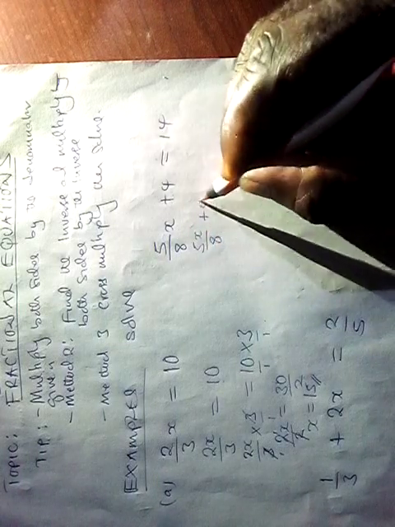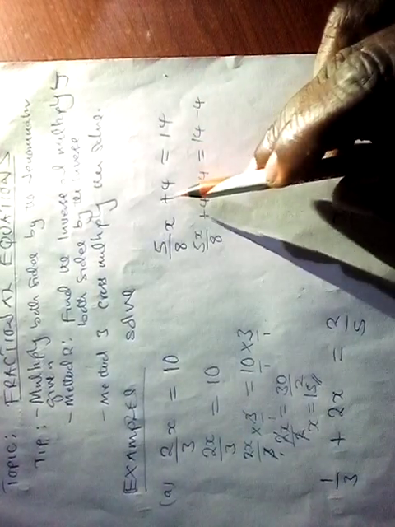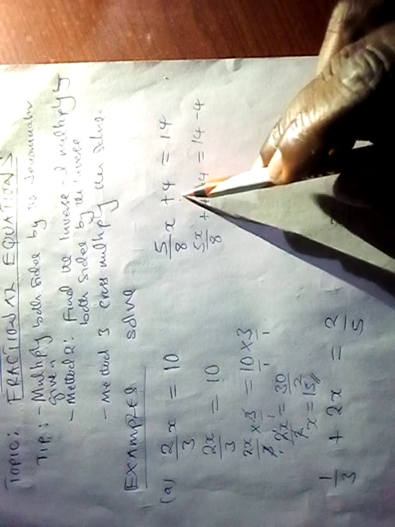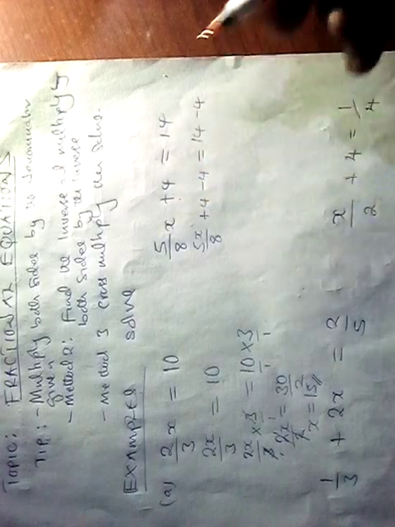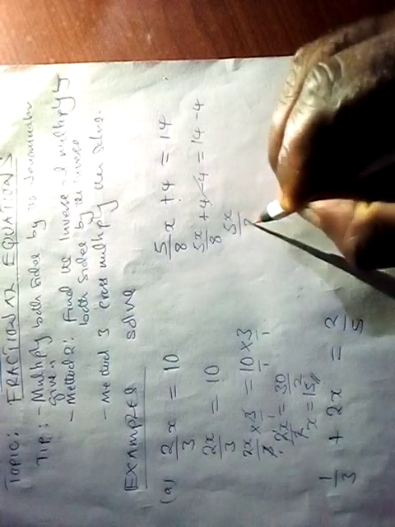So it's 5x over 8 plus 4 minus 4 equals 14 minus 4. I'm subtracting 4 minus 4, so this is 0. So I'll just write 5x over 8 is equal to 14 minus 4, that is 10.